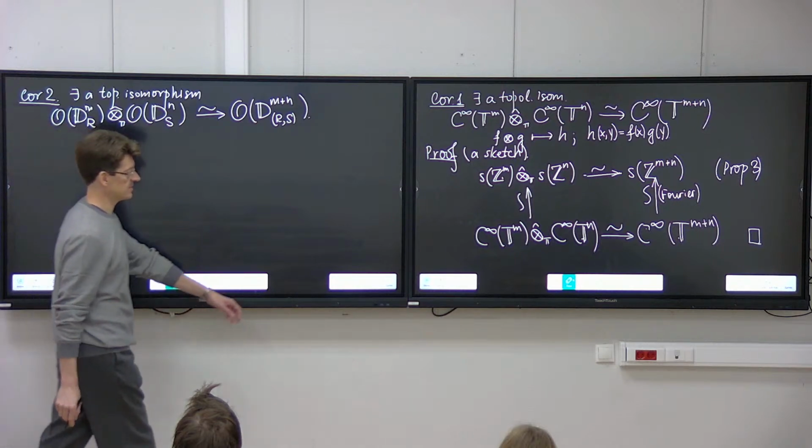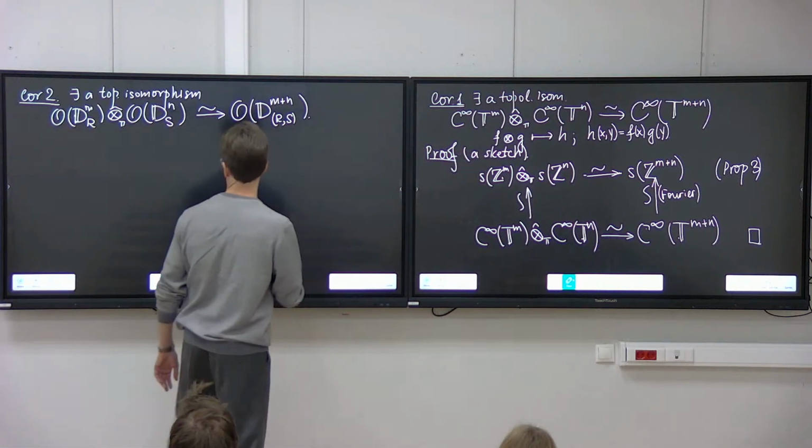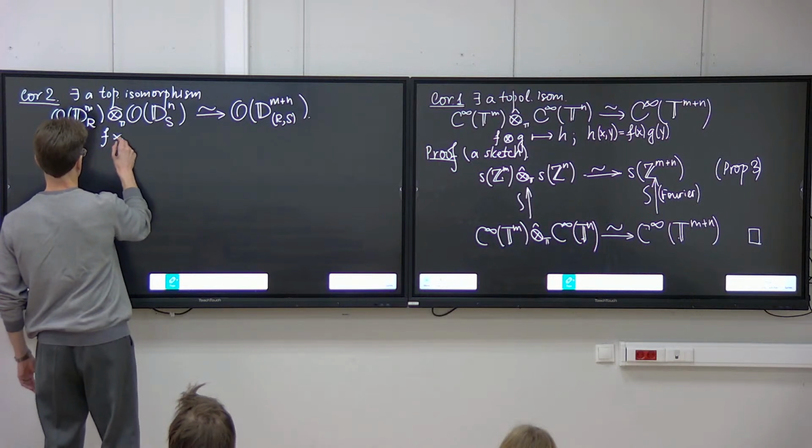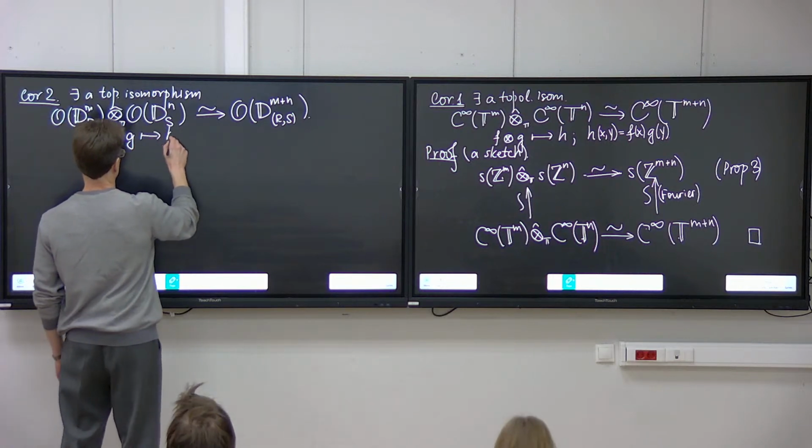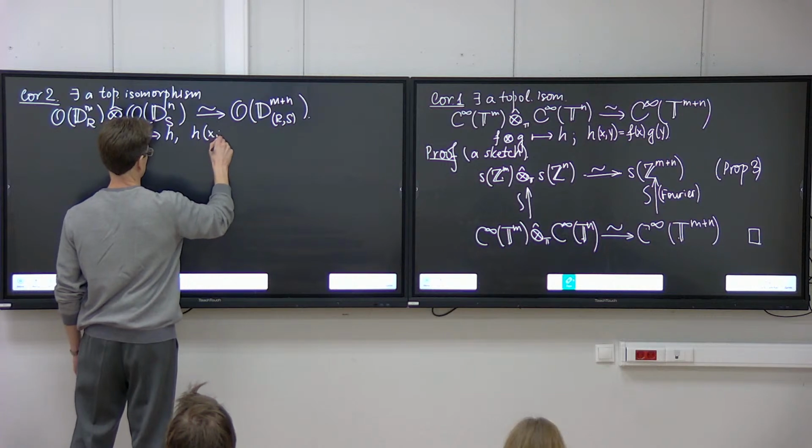And this isomorphism is given by the same formula. It takes every elementary tensor f tensor g to the function h, given by the following formula.